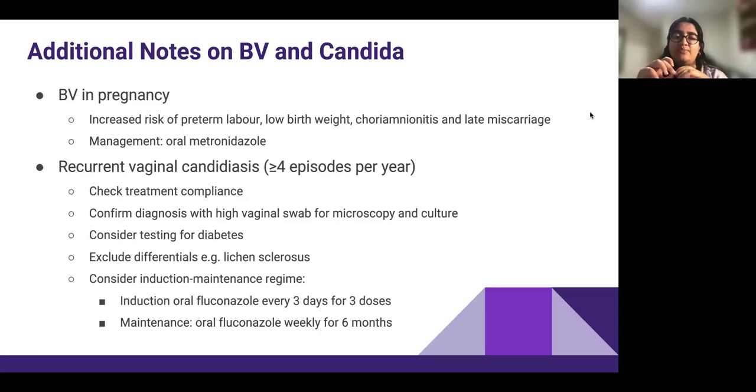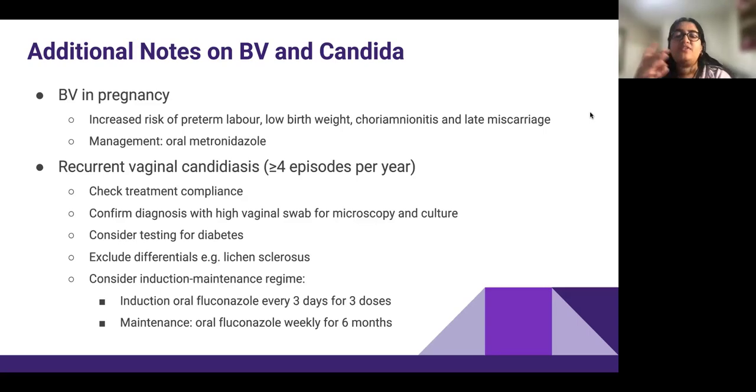So if you have BV during pregnancy, even if you're not symptomatic, you would most likely be treated with oral metronidazole. And because of the underlying risk factors for vaginal candida, if you have had more than 4 episodes of it within a year, you would not only want to check the compliance and investigate with microscopy and culture, you would also want to do testing for diabetes or think about other differentials that it could potentially have been misdiagnosed for.